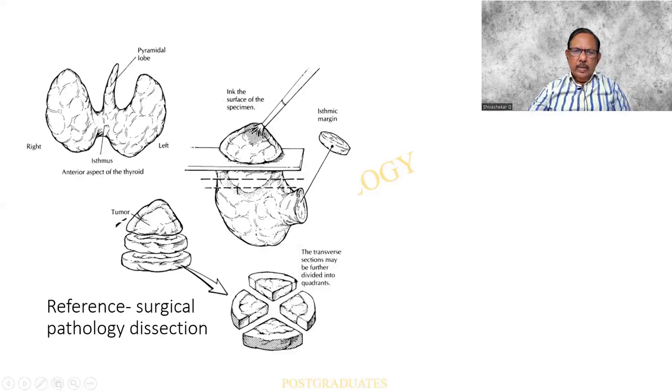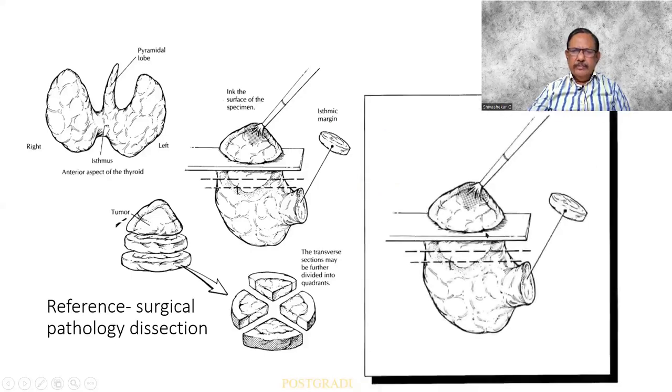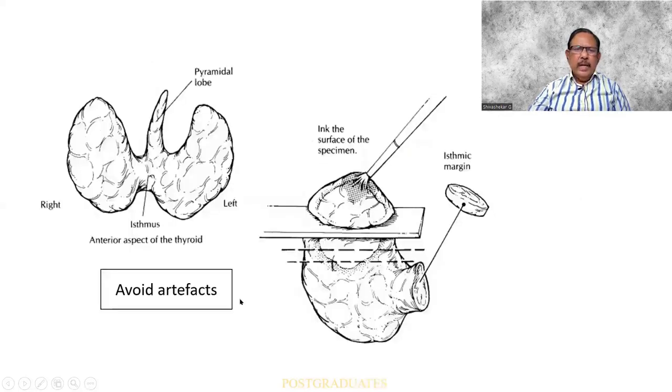So that there is always a capsule and then there is a lesion, there is an interface, that could be studied leisurely in multiple sections. The way it is being cut at a higher magnification, artifacts will have to be avoided. This is important because the thyroid is a very delicate organ.